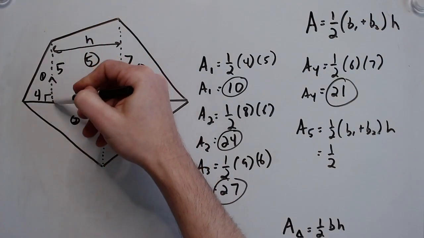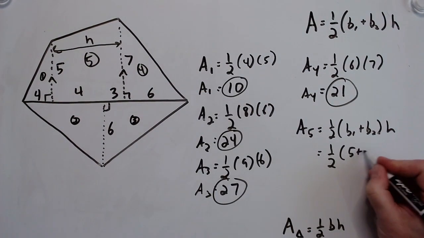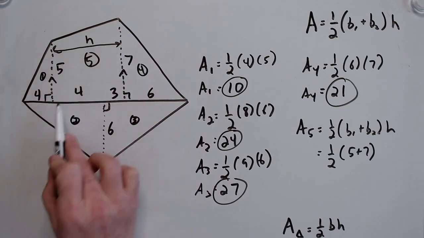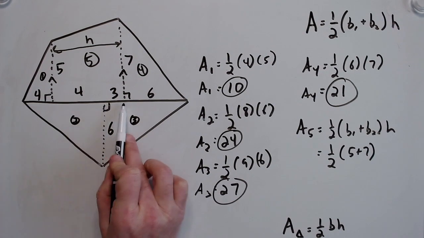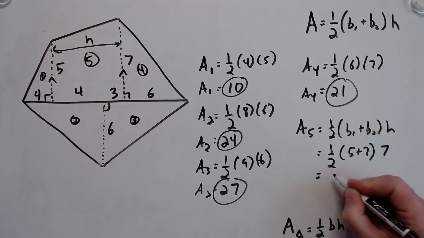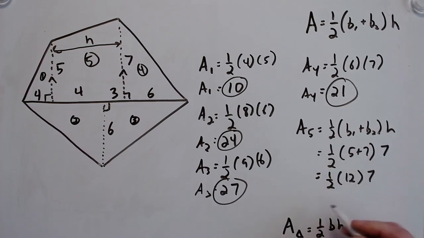So base 1 is 5, base 2 is 7. So that would be 5 plus 7 times this height. So what is it from here to here? Well, here to here is 4, and here to here is 3. So the height is 7. So 1/2 of 12 times 7. Half of 12 is 6, and that's 42. So area 5 is 42.